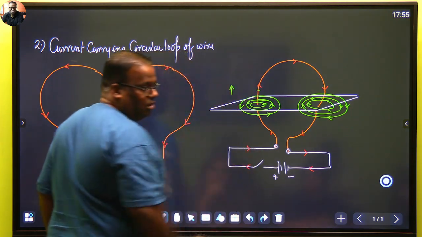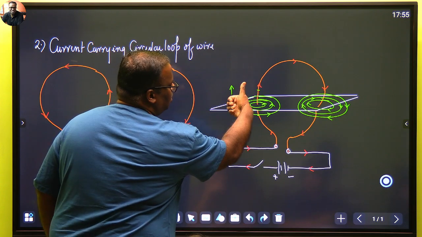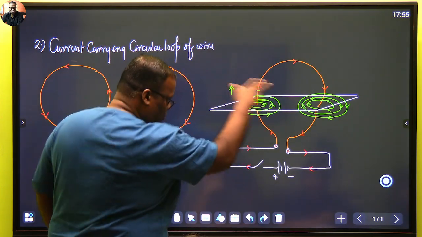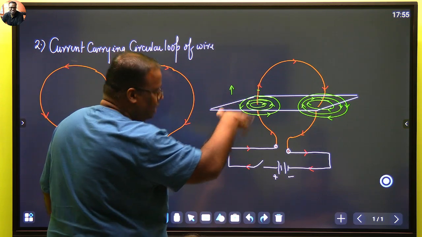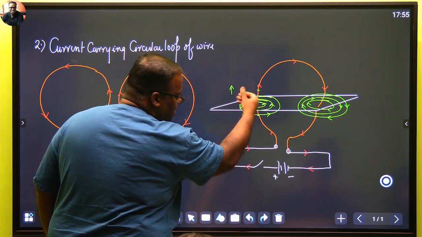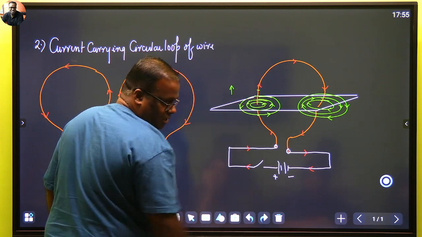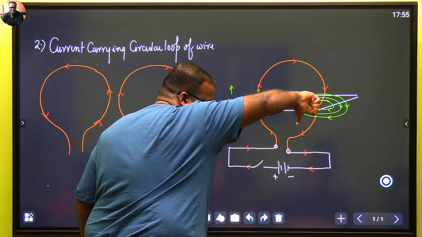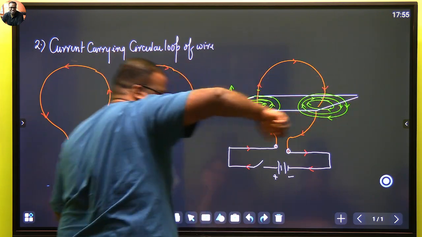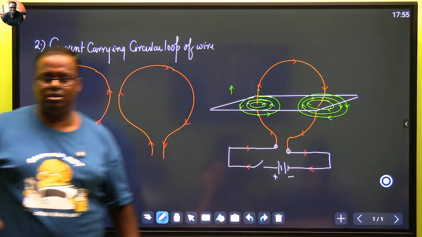Upward direction. So put the right hand thumb rule. Circles will be there in both cases. Question is, how is the circle rotating? This circle, the field will always be in this direction. See, my fingers are in this direction, so the arrows are in this direction. Whereas here, it's downwards. My fingers are in this direction, so the arrows are coming from here and going there. Coming from here. Have you understood?